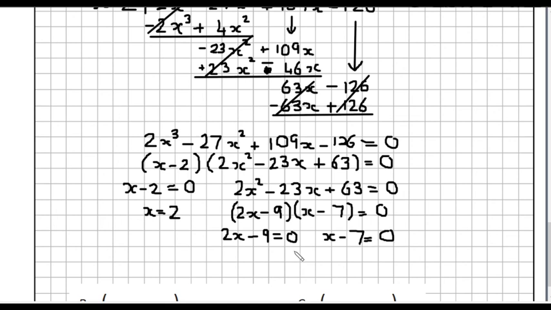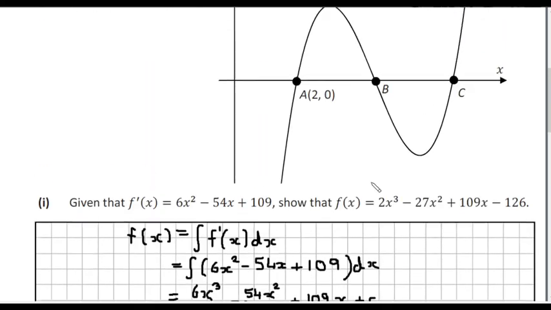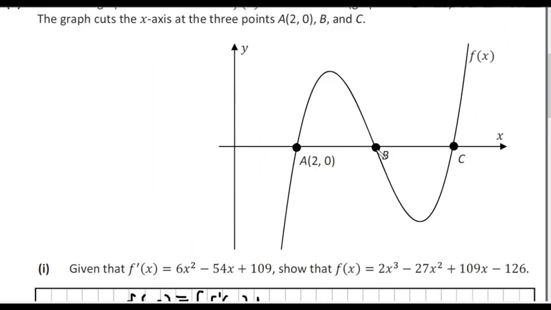So then 2x is equal to 9. X there is going to be 4.5 if you want, or 9 over 2, doesn't matter. And then here x is equal to 7. So they're the other two places on the x-axis where that curve goes through. So it goes through 2. Again, the diagram is up here. It goes through 2, but it also cuts the x-axis at 2 other locations.